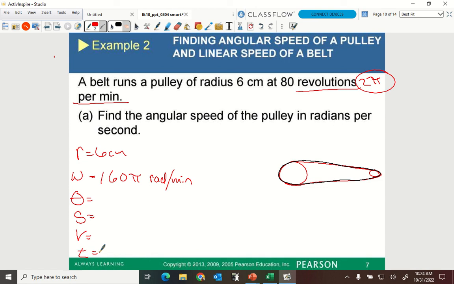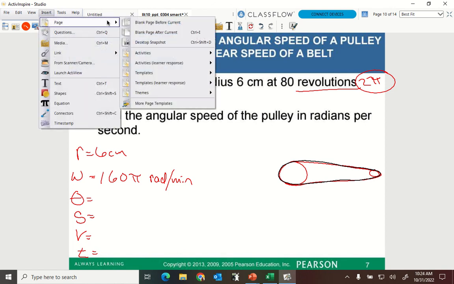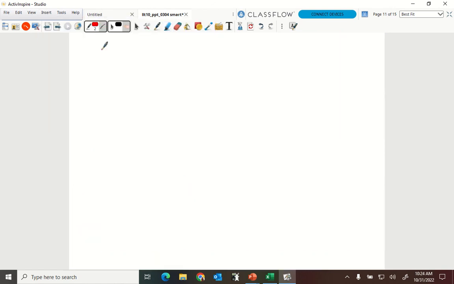So what can I solve for automatically, even though I'm probably not solving my questions in order? What can I automatically solve for if I know the W and the R? I can solve for velocity, can't I? That one should be an easy one. So we have velocity is equal to RW.